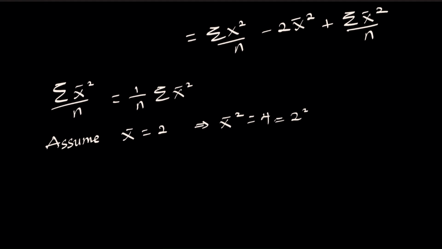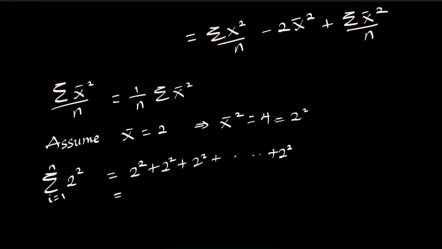Now let's add 2 squared n times and see what we are going to have. So we are going to have summation 2 squared, i running from 1 to n. That's, we are going to add 2 squared n times. So we are going to have 2 squared plus 2 squared plus 2 squared till the nth time, that's 2 squared.